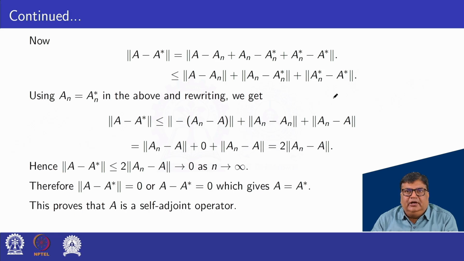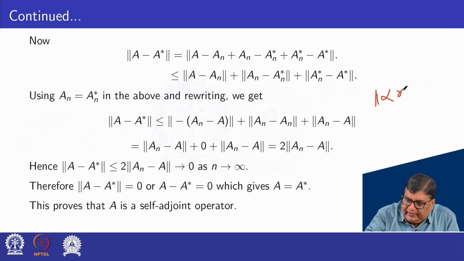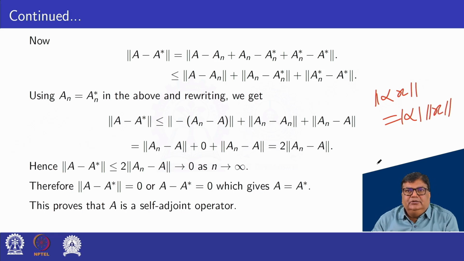Similarly this one is also norm of An minus A. This is also norm of An minus A, because norm of alpha x equals mod alpha times norm x. Here alpha is minus 1, so mod of minus 1 is 1. So this can be written as norm of An minus A, and this one 0.